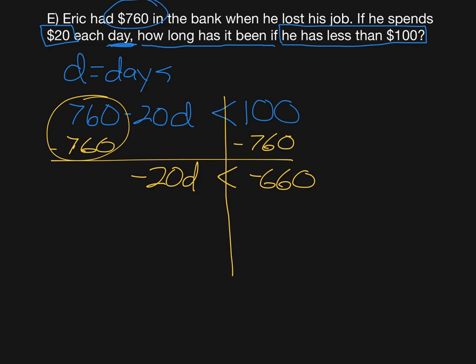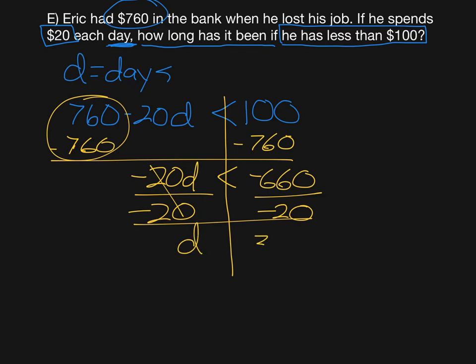Now, to undo this negative 20 times D, we'll divide by negative 20. And we are left with D. On the right side over here, we have 33. And because we divided by this negative number on both sides, we have to flip the inequality. D is greater than 33.